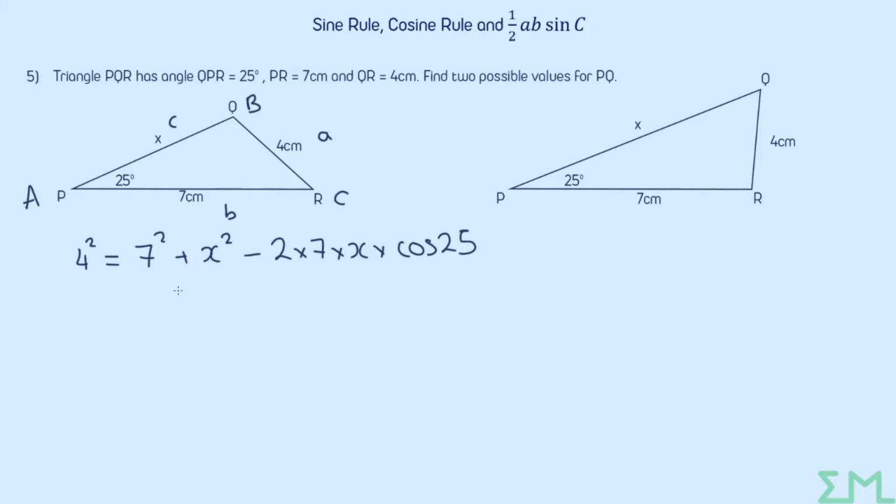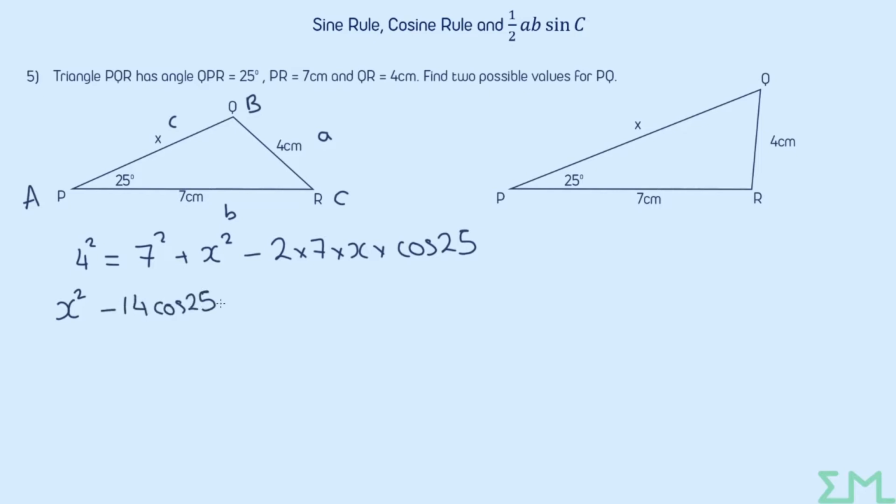So I do think, although this is less working to write down, that the other method might be easier to follow for some. So as soon as we notice it's quadratic, we know that we need to get it into the form ax squared plus bx plus c equals 0. So we've got our x squared term, that's fine. Now I'm going to put minus 14 cos 25.